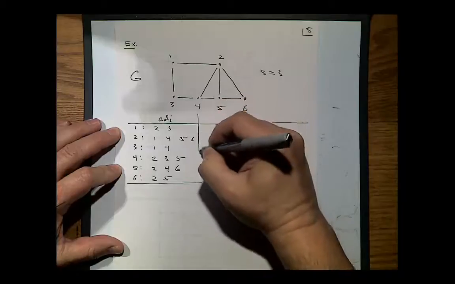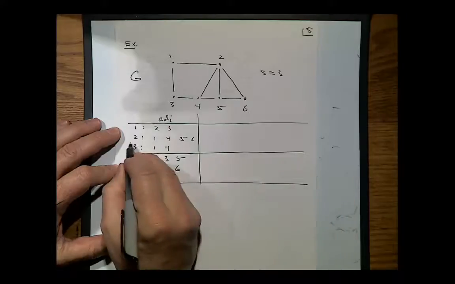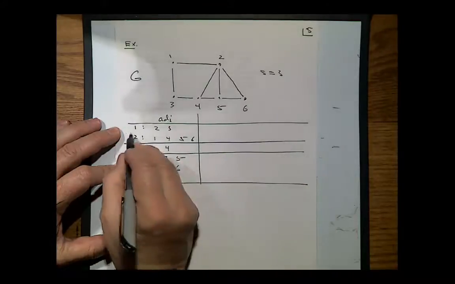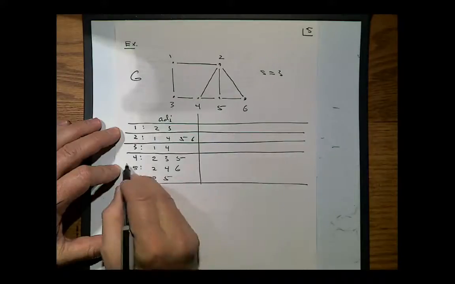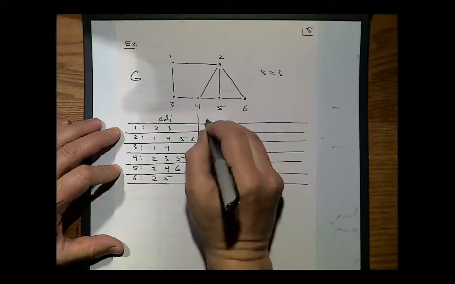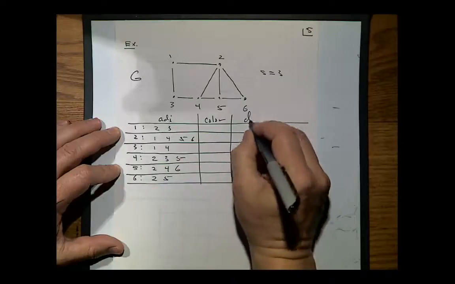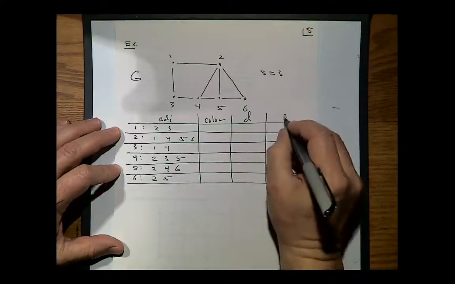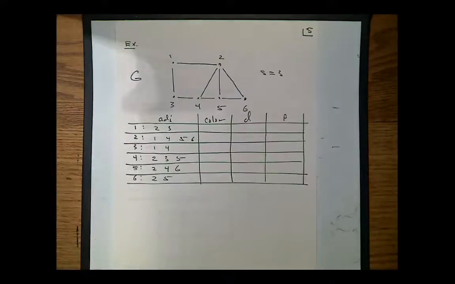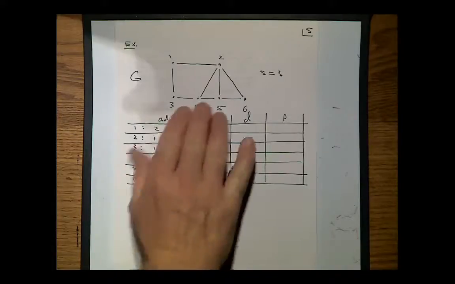What else do we have to keep track of for every vertex? We have to keep track of color, distance, and parent. Okay? So this is really what the algorithm does. Your graph constructor is going to make an empty graph with just bare vertices.